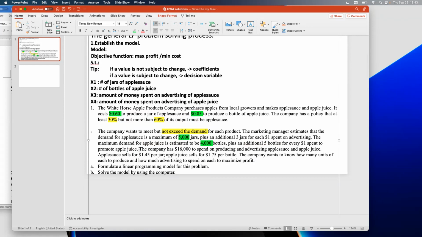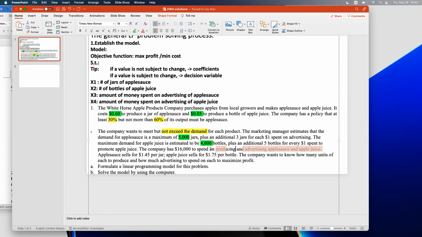And we keep reading this. The company has $16,000 to spend on producing and advertising applesauce and apple juice, right? So that's another limit. The money, you only have $16,000. And you should design the production and advertising for the applesauce and apple juice.